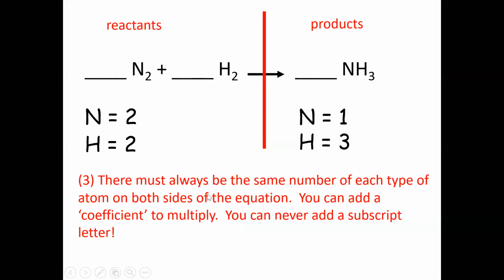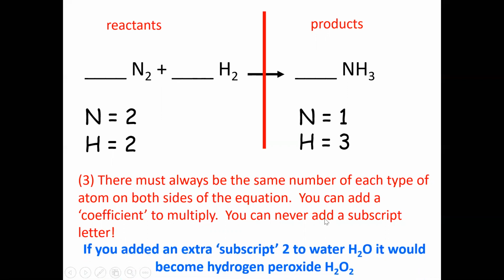So there must always be, as I said, the same number of each type of atom on both sides of the equation. And this is where we add coefficients, the big numbers at the beginning, to multiply the elements and the compounds. You can never add a subscript letter. So do you remember beforehand we talked about water and hydrogen peroxide? If you added an extra subscript 2 to water, H2O, to become H2O2, water would become hydrogen peroxide, which is hair bleach, okay?